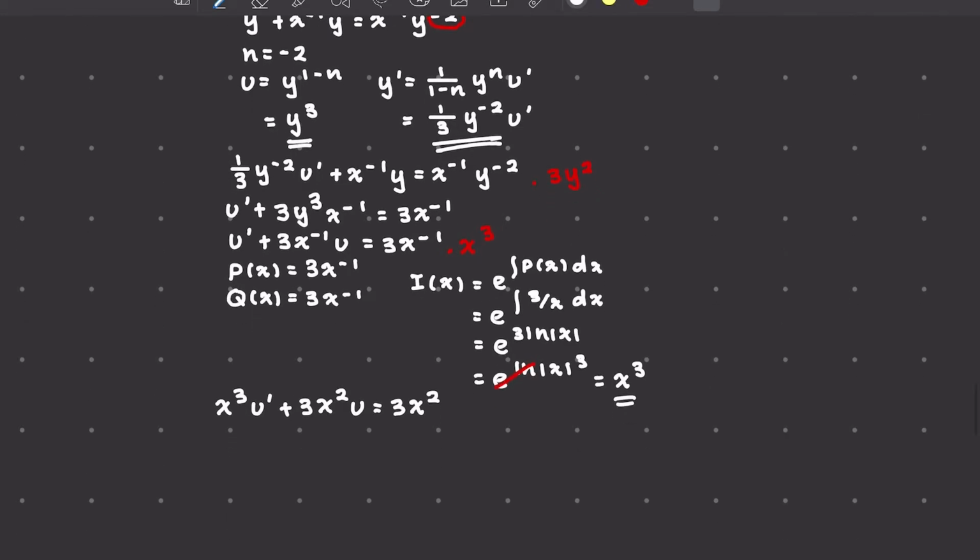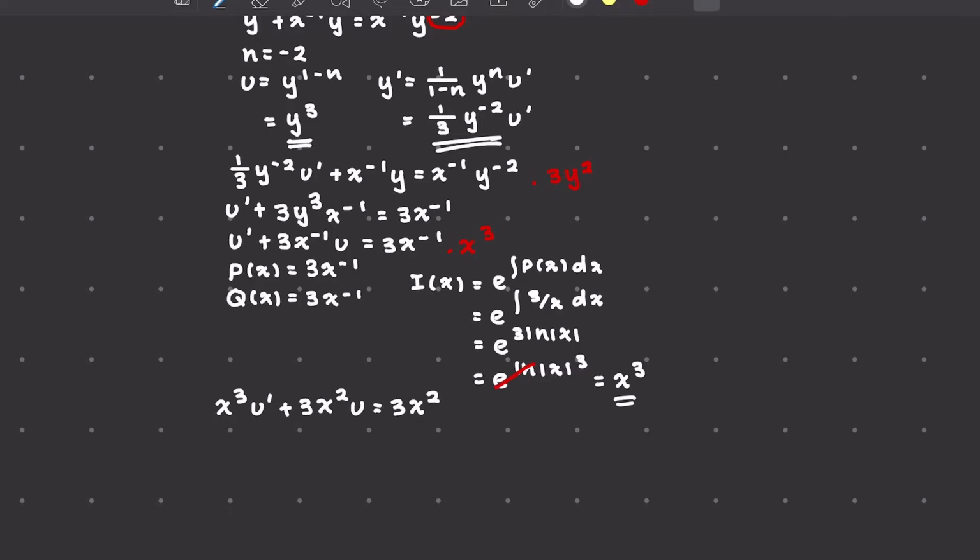At this step, let's check if we did our first order linear differential equation correctly. If we take the derivative of x to the third power here, it equals this thing here. As well, if we integrate our 3x squared here, we will get an x cubed here. And so it proves that our steps for finding the integrating factor are correct.